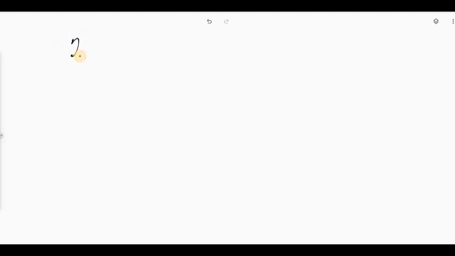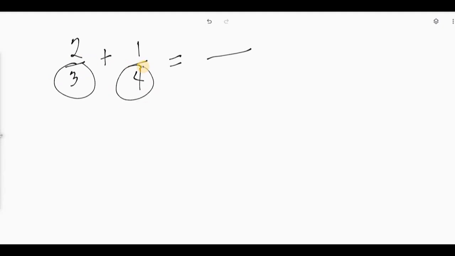So, like for example, 2/3 plus 1/4. Okay? So, karamihan, kapag hindi nila naintindihan, ang ginagawa nila, pinag-a-add nila itong dalawa. So, 2 plus 1 is 3, tapos 3 plus 4 is 7. Which is wrong. Okay? Wrong.